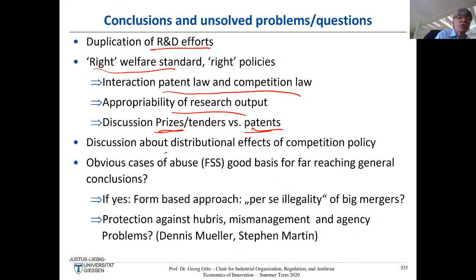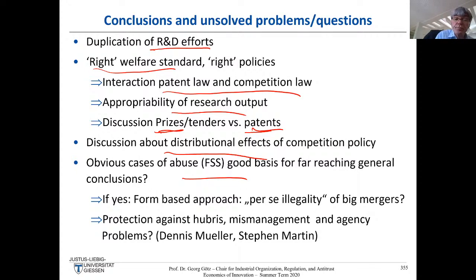What we might also discuss is the distributional effects of competition policy, meaning that a more concentrated market structure might lead to higher prices and adverse effects on consumers. The final point is one related to the merger discussion.